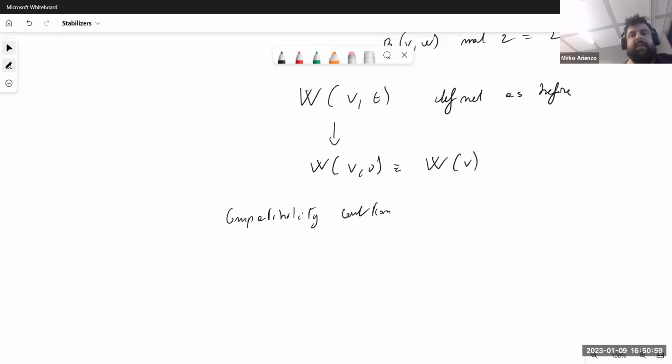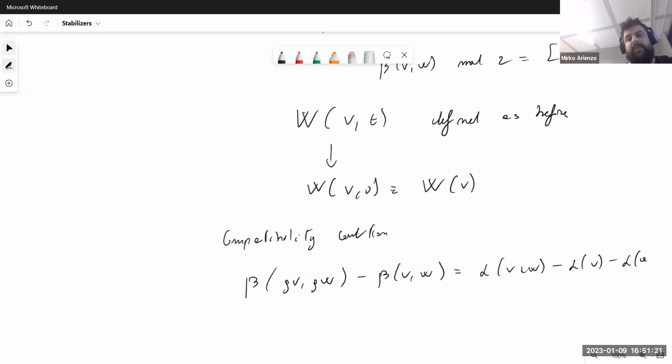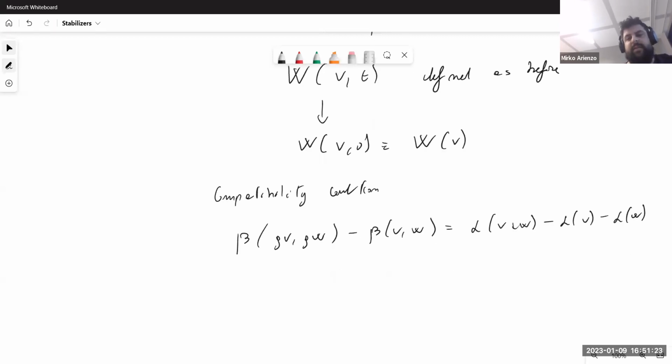So this beta must be such that beta of GV, GW minus beta of V, W must be equal to some function alpha of V plus W minus alpha of V minus alpha of W. Yeah, this function comes from some general considerations for the structure of the center fixing automorphisms of the Heisenberg group.